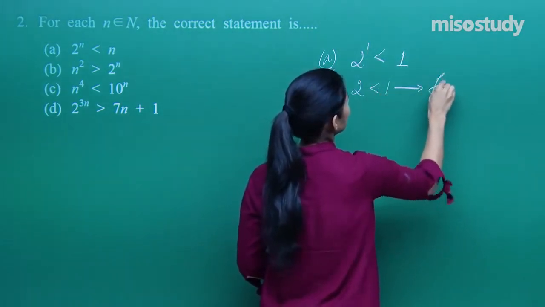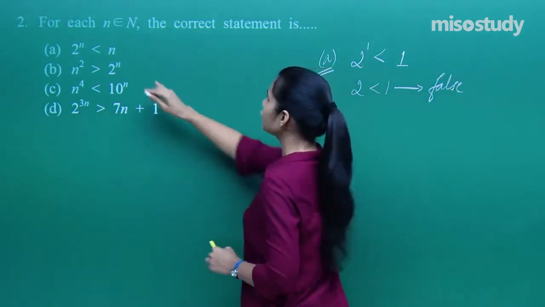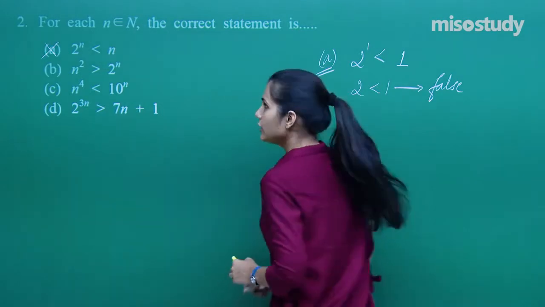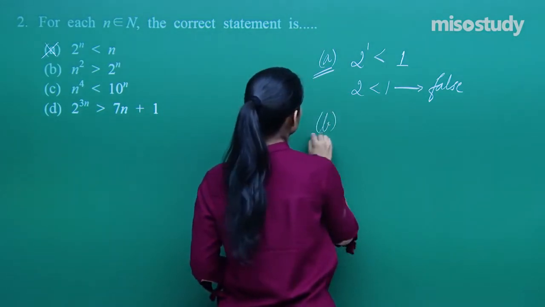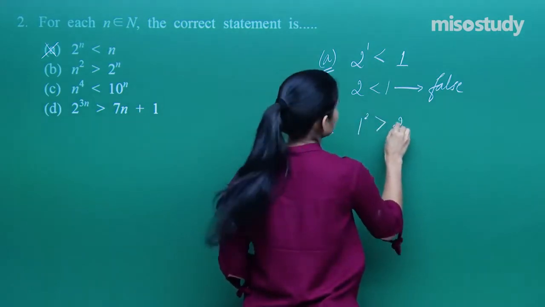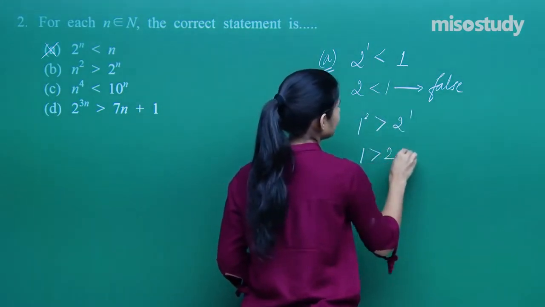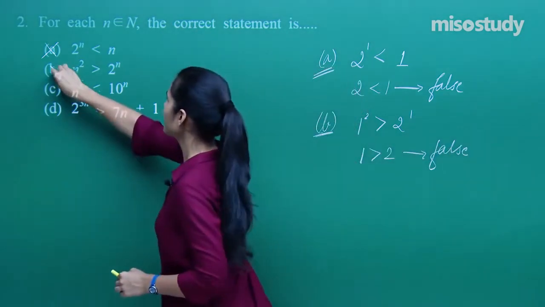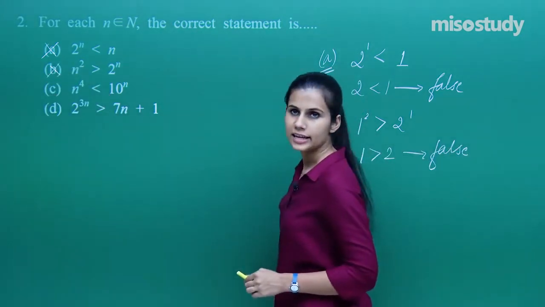Very clearly it's false. So forget about it being true for every n in N if it is not even true for n equals 1. Talking about the next statement, n squared: 1 squared is greater than 2 to the power 1, that is 1 is greater than 2. This is again false.